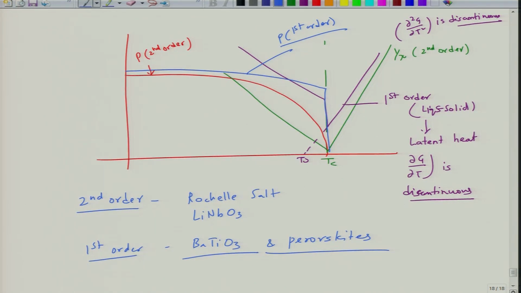So, this is also manifested in the other thermodynamic parameters. We have not gone into entropy and specific heat and so on, but for the sake of understanding you may think that for the first order phase transition the polarization is discontinuous, it drops suddenly at T equal to Tc.